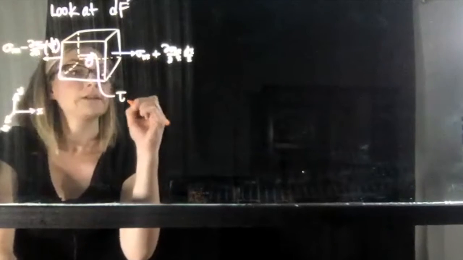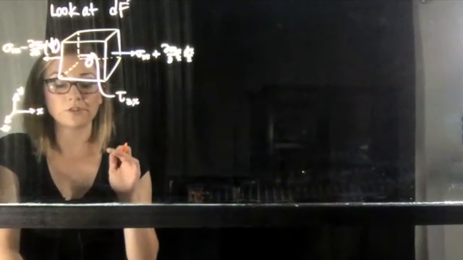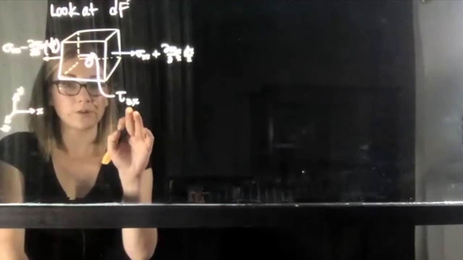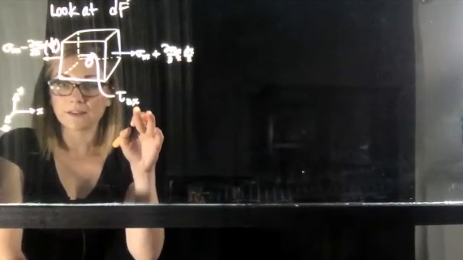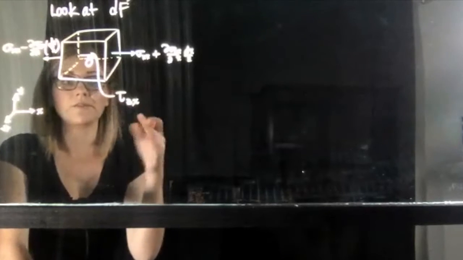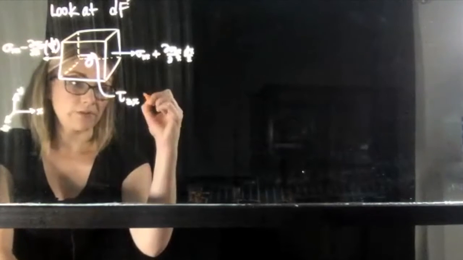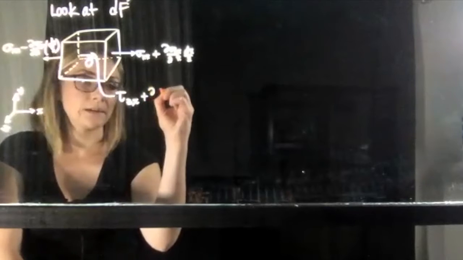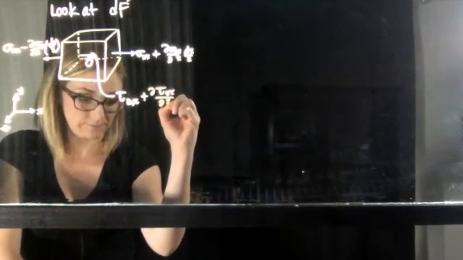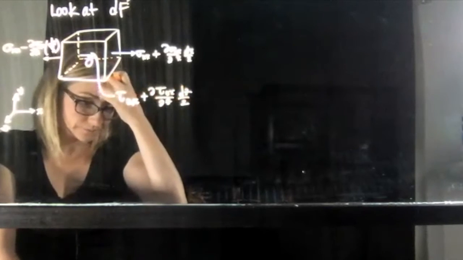So this one is given by tau zx. If you remember our nomenclature for shear stresses, our first index is the plane on which it's acting, and the second index is the direction in which it's acting. So this one is acting on the z face in the x direction. And so we have this quantity plus the differential with respect to z, dz over 2.